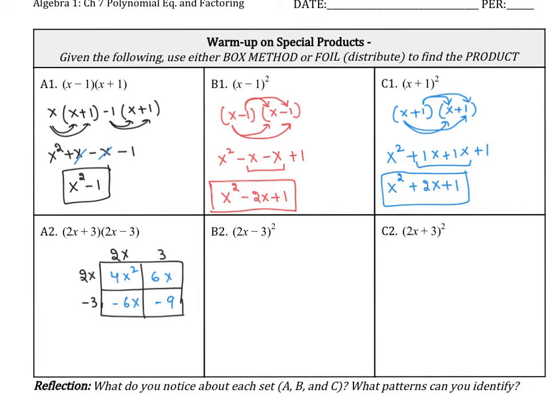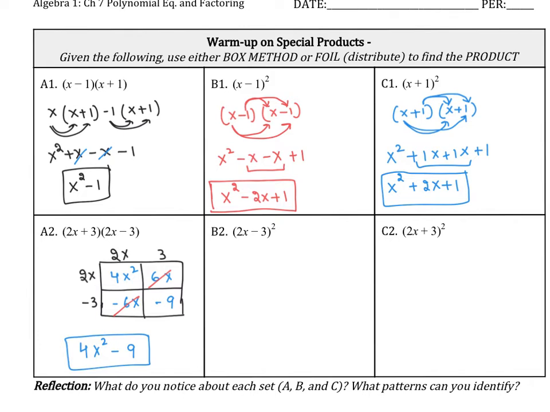And once you combine the like terms, you can see that the 6x and -6x cancel, and you're going to write the answer as 4x squared minus 9. So that's your answer because these two cancel.